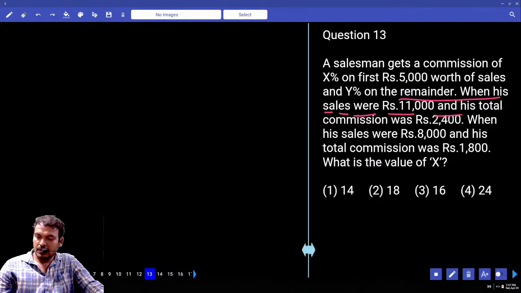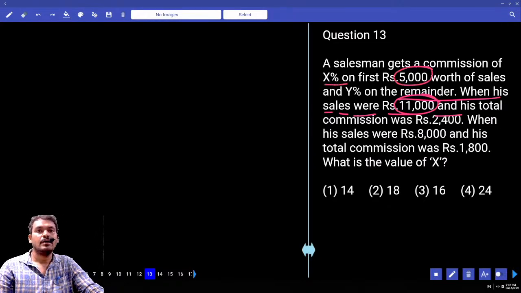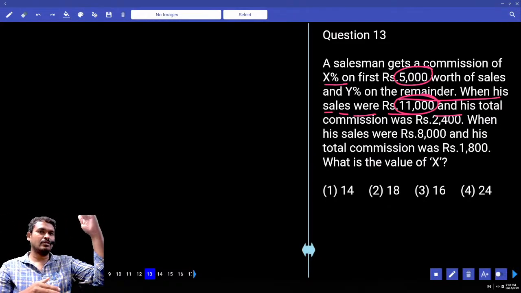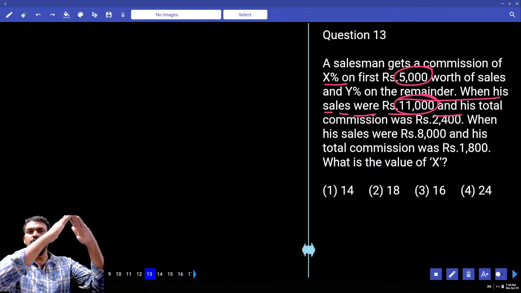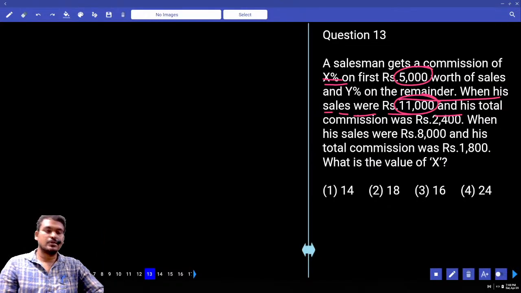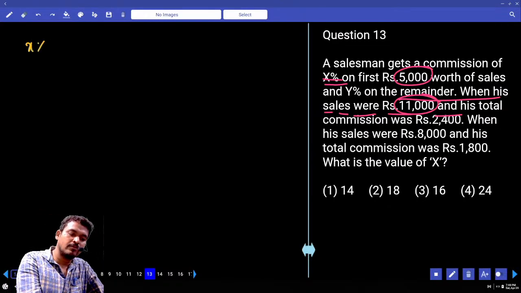Okay. What is the first sales? 11,000. Out of 11,000, the first 5,000 sales, what commission is offered? X percent. Remaining sales, Y percent. Out of 11,000, 5,000 sales, remaining 6,000 sales. First 5,000 sales, X percent of 5,000.